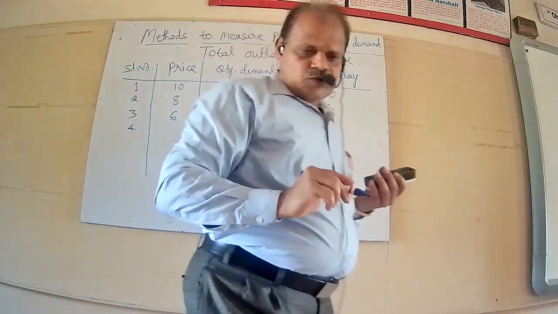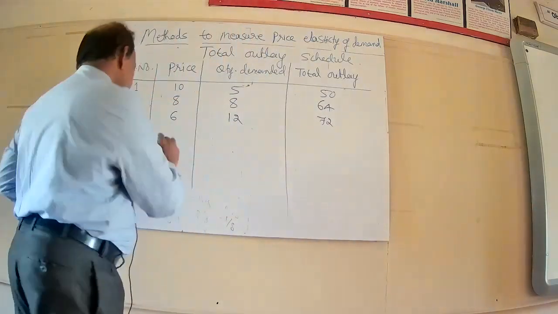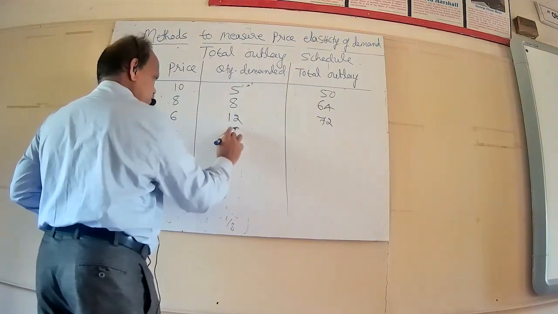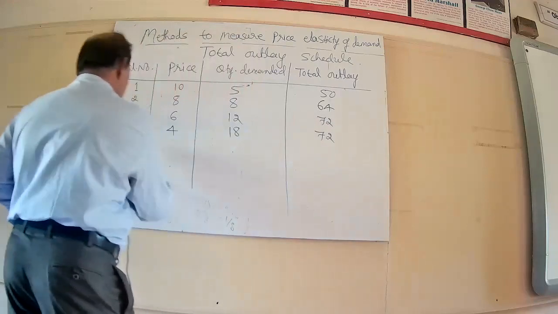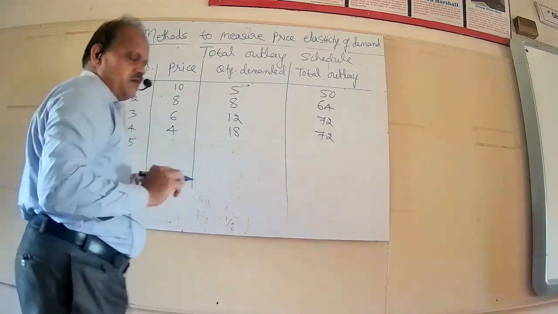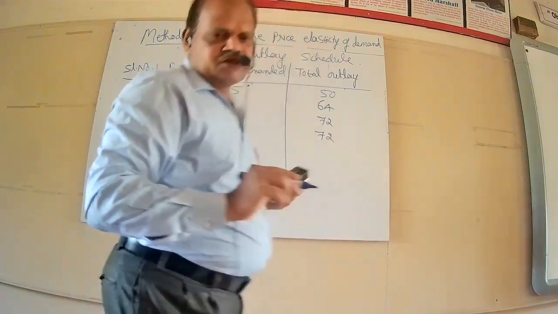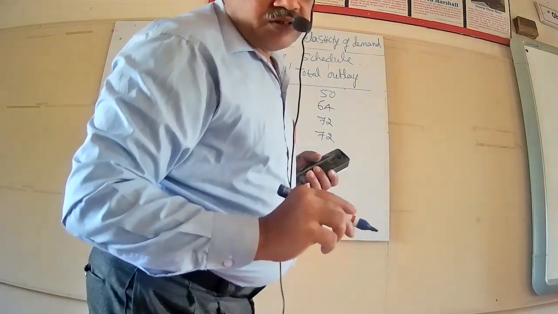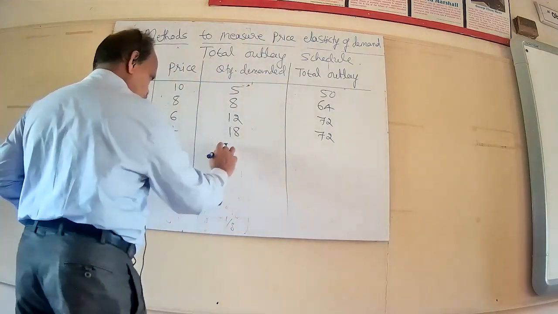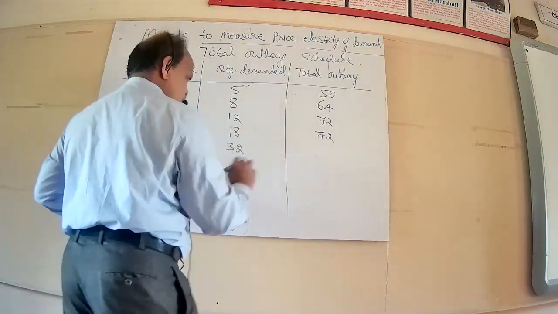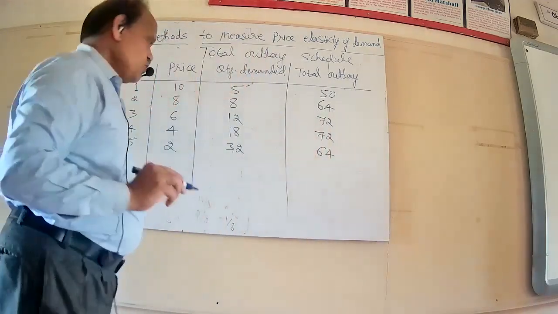Serial number 4, price 4, quantity 18. Once again, 72 rupees. Serial number 5, price 2, quantity 32 kgs. 2 into 32, then 64 rupees will be the total outlay.